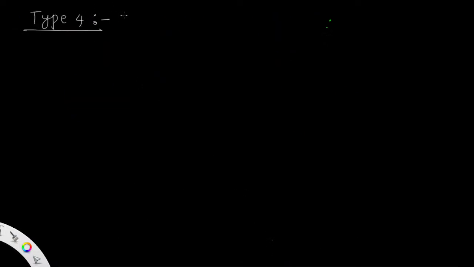If it is in the form y equal to a square tan square theta plus b square cot square theta, suppose. Whenever you get terms like these, you can understand step by step.